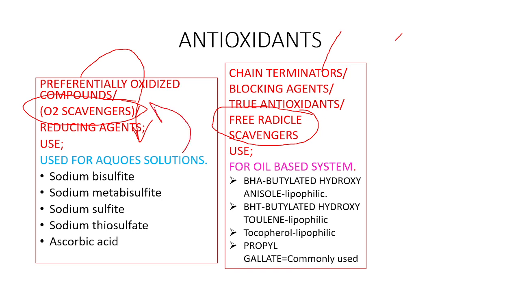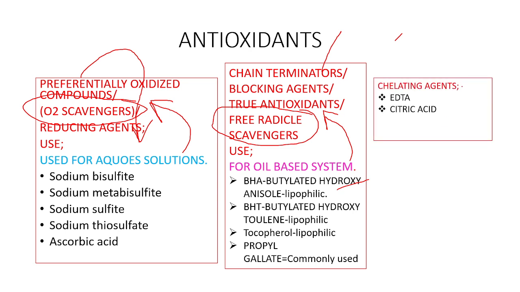What are the things used in the aqueous solutions that will act in the initiation reaction? If you are using an oil-based system, that will act in the chain termination step. Examples are butylated hydroxyanisole, butylated hydroxytoluene, tocopherol (vitamin E), and propyl gallate. Propyl gallate is commonly used in nature.